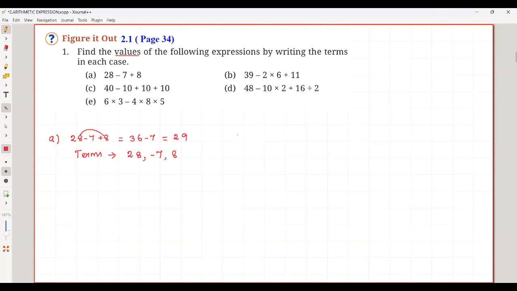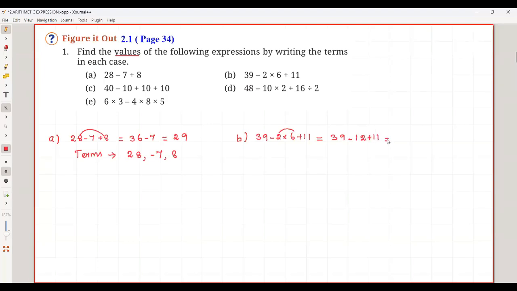Now we'll go with B1. B1 is given: 39 minus 2 into 6 plus 11. According to the BODMAS rule, first I have to go with multiplication. Division is not here, so I go first with multiplication. 39 minus 2 into 6 is minus 12, plus 11.